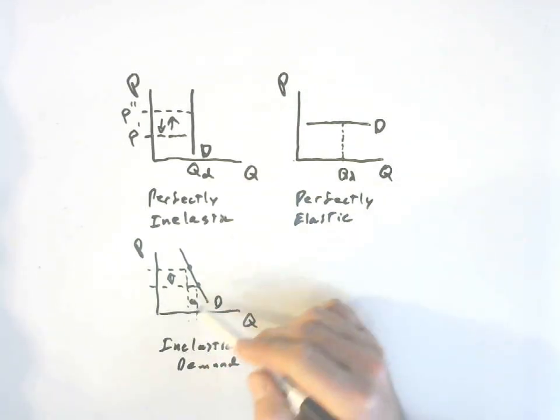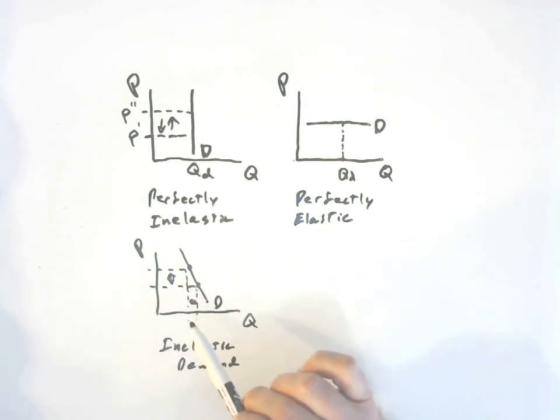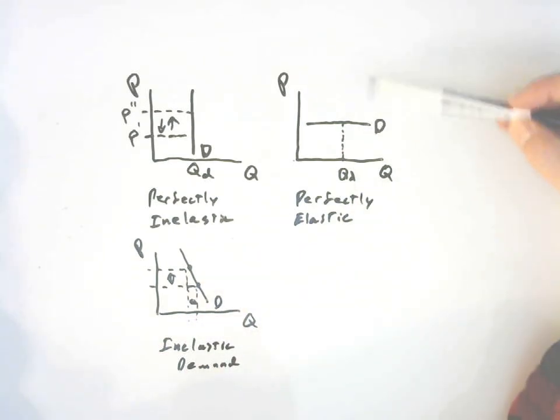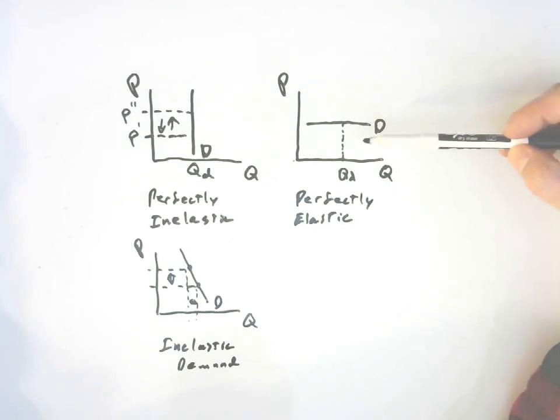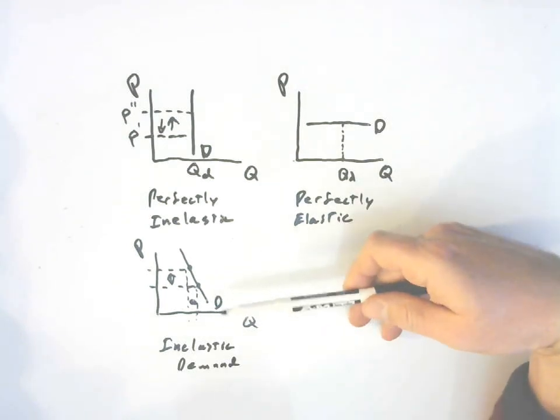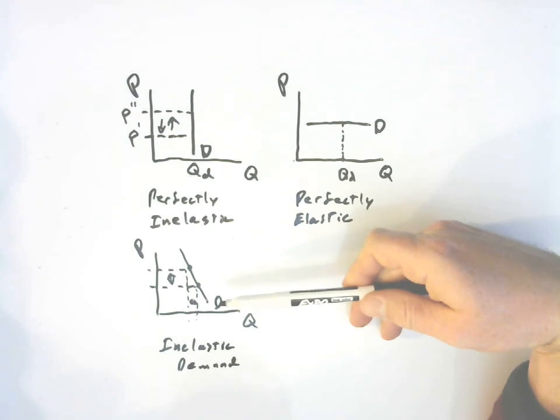And many products have that. Gasoline in and of itself. So here, if we're looking at different brands of gasoline, you're driving by gas stations, you may view it as a perfectly substitutable good. But gasoline overall, we think, people are fairly insensitive to a change in the price of gasoline.